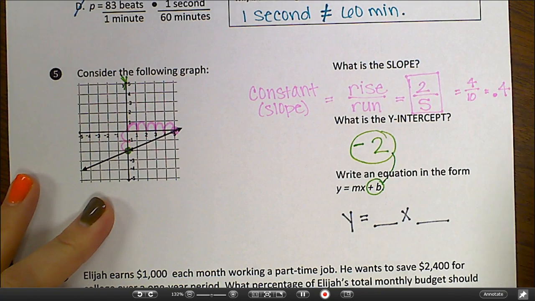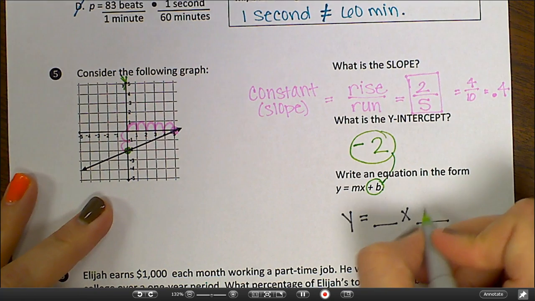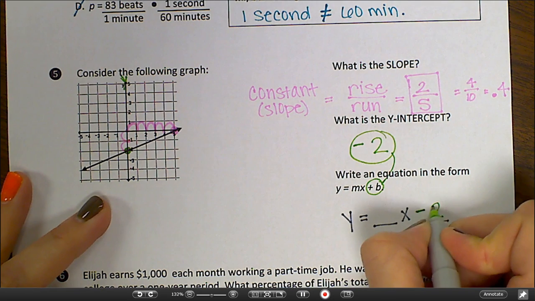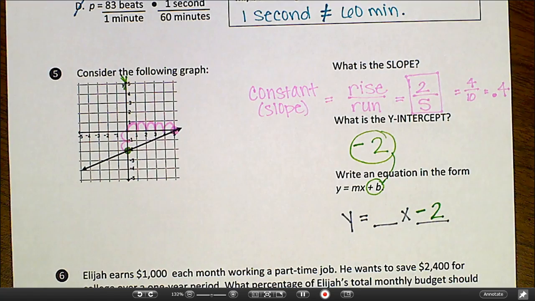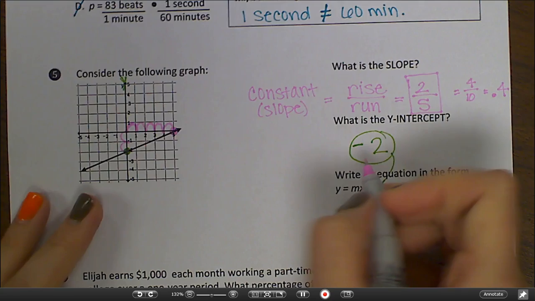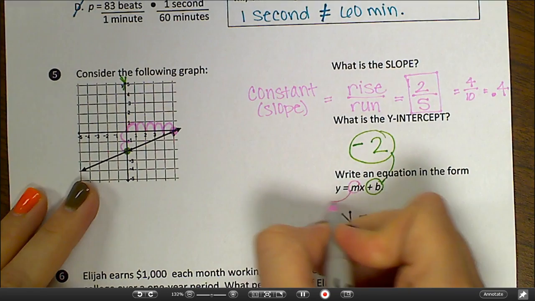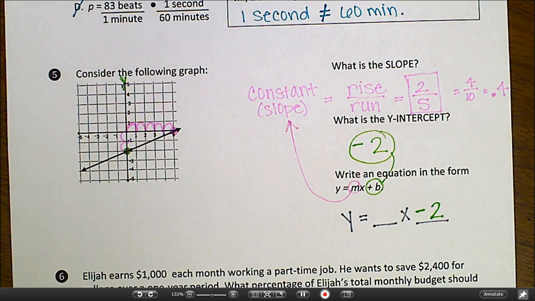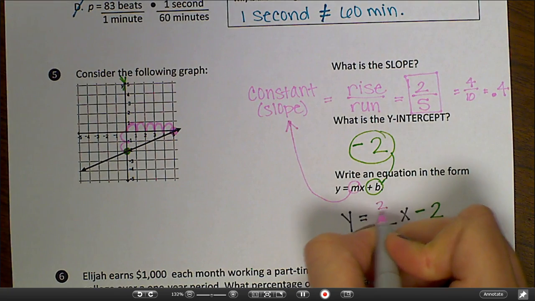Okay? That's our y-intercept. So instead of it being plus something, it's going to be minus 2, since it's -2. And m is this slope, so 2/5.